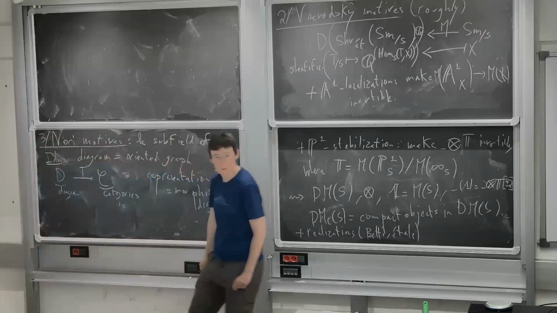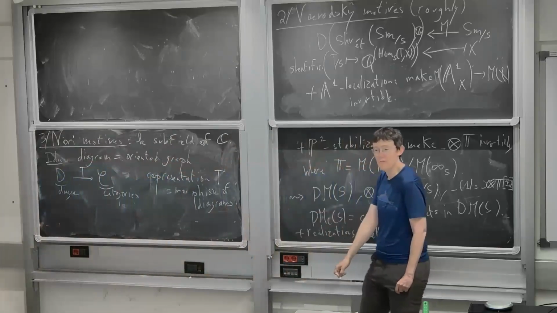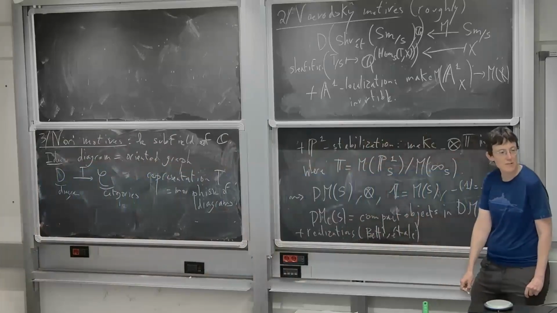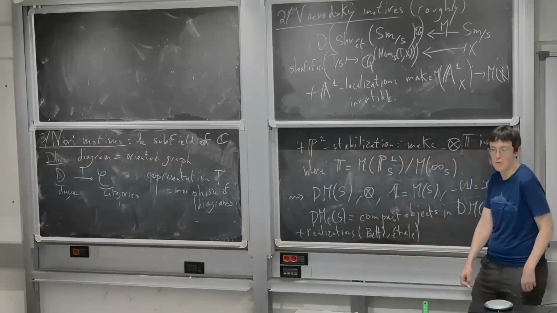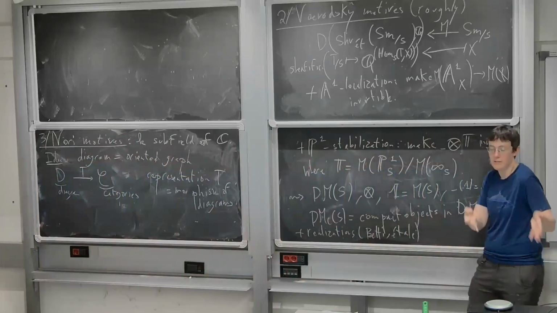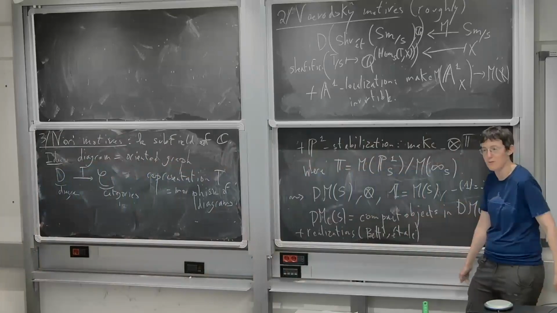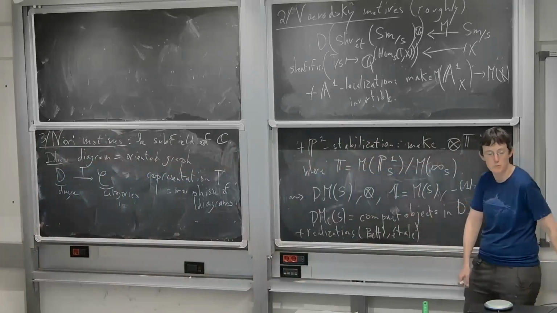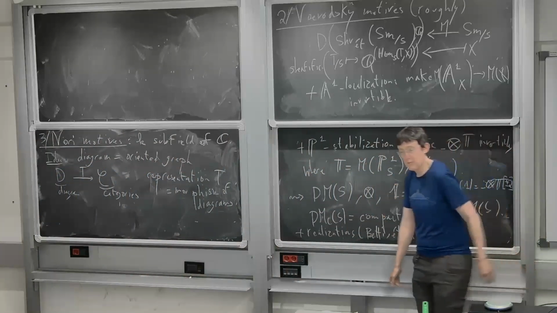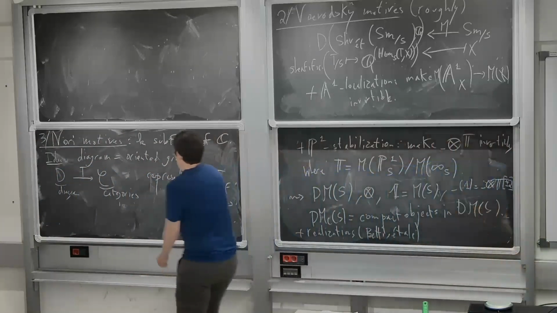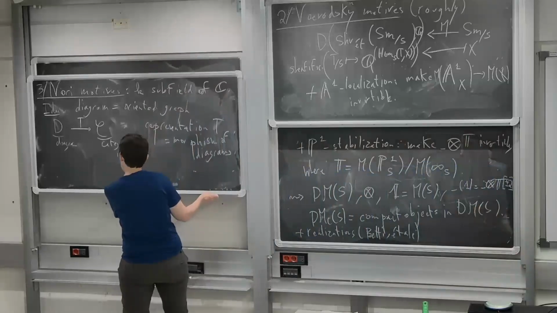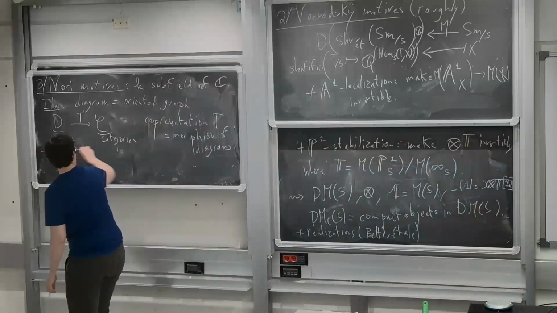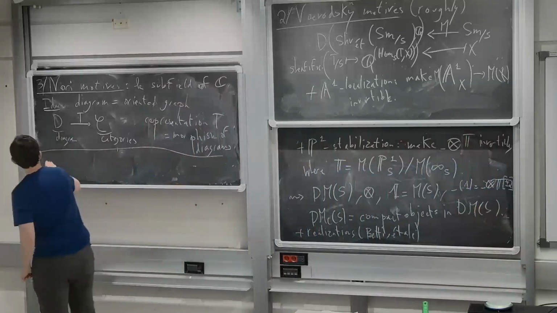A category can be seen as an oriented graph: just forget composition and forget the identities. A morphism of oriented graphs is just something that sends vertices to vertices and arrows to arrows, respecting source and target.